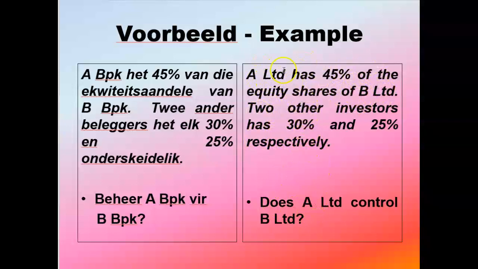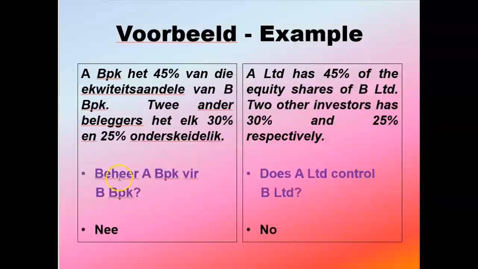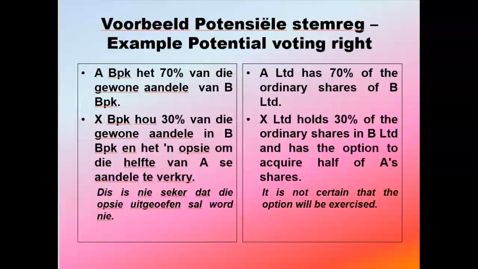So no, the answer is that A Limited does not control B Limited, because they do not hold the majority of the shareholding, and they can't exercise the majority of the voting rights of that company.